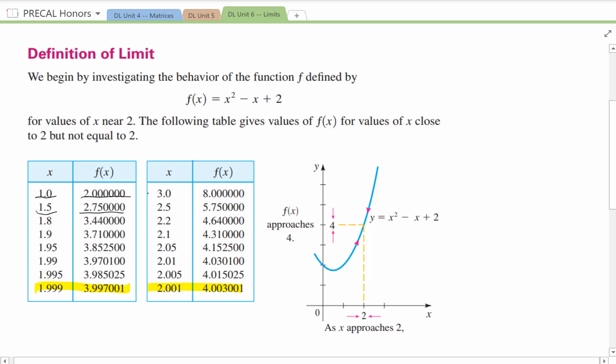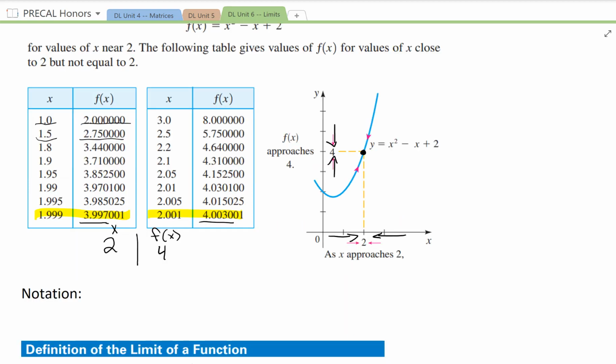So as x is getting closer and closer to the value of 2, what does f of x appear to be getting closer and closer to? 3.997? 4.003? Yeah, it looks like it's approaching 4. Graphically, you can see as x approaches 2, it is approaching 4.